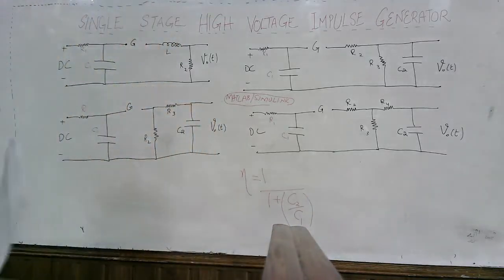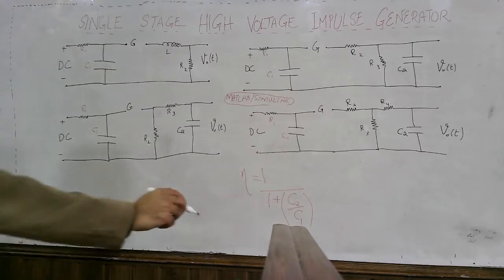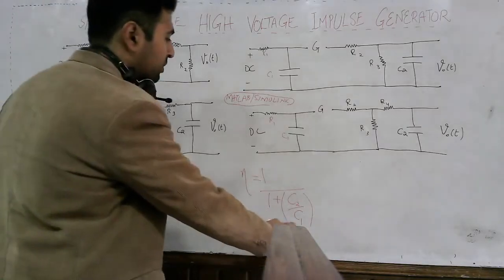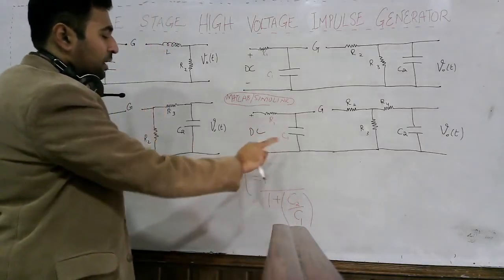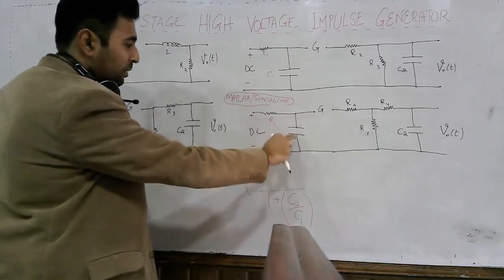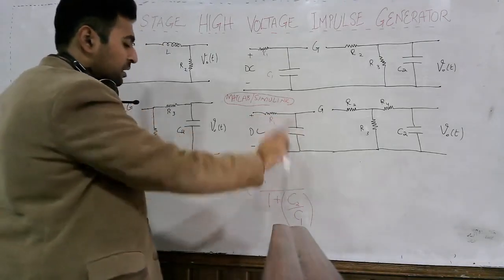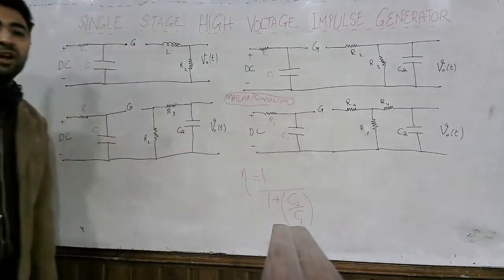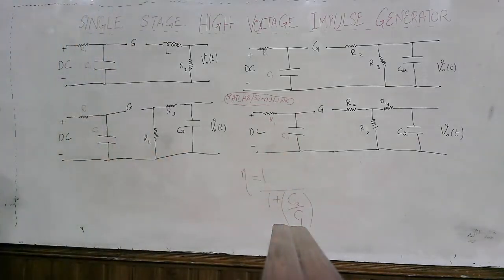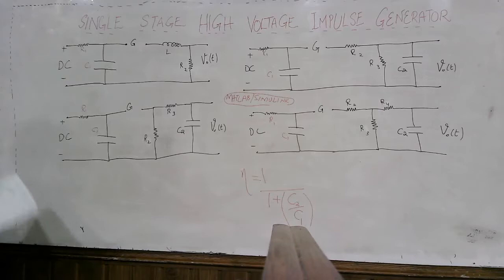Now what is C2 and what is C1? C1 is the capacitor which is in action during the charging time. You can see this is the capacitor C1. It is active when this circuit is charging.